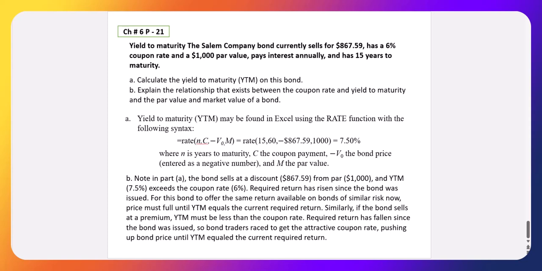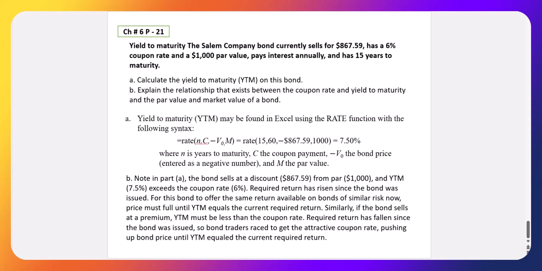Explain the relationship that exists between the coupon rate and the yield to maturity and the par value and the market value of the bond. Note in Part A, the bond sells at a discount of $867.59 from par. The yield to maturity is 7.5% and exceeds the coupon rate of 6%.